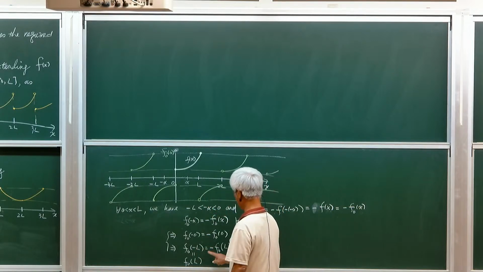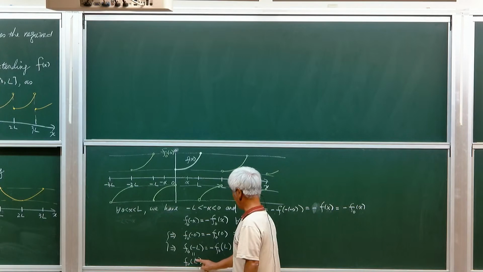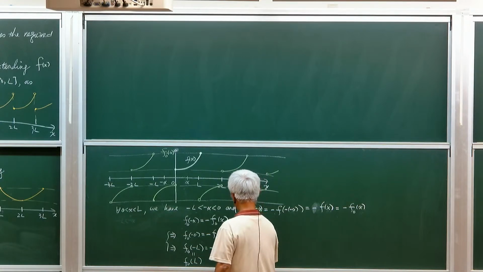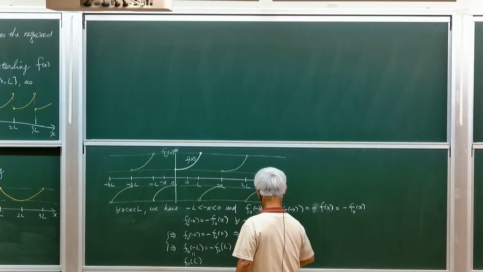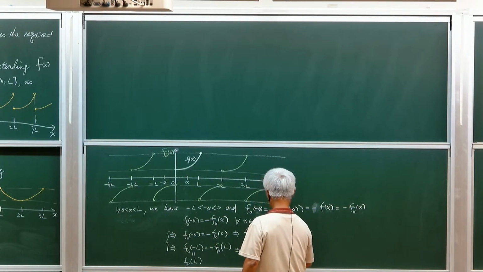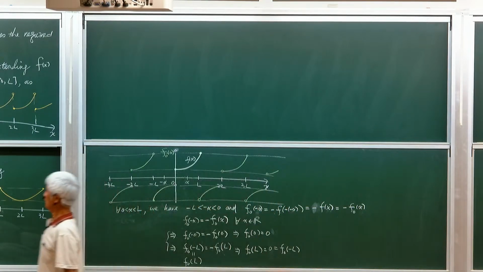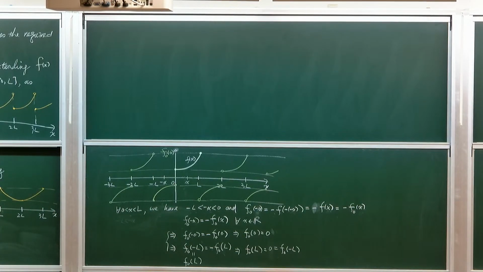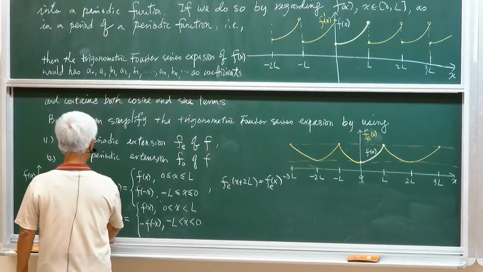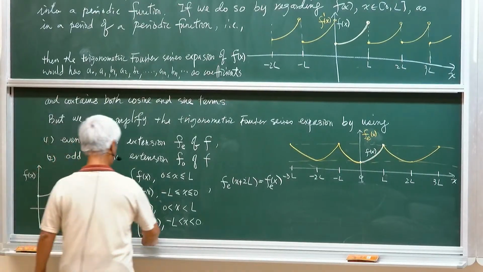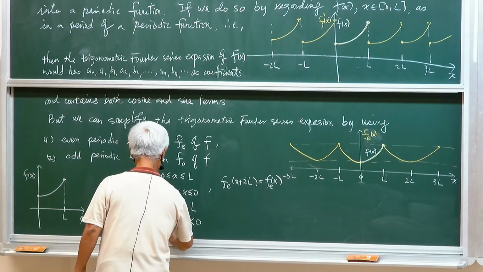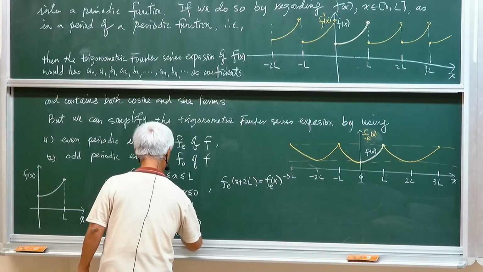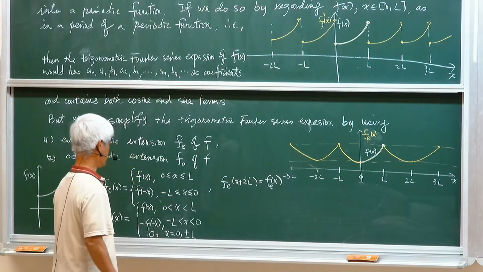So you can see f odd of L is equal to minus f odd of L. So this also implies f odd of L is equal to 0, and f odd of minus L as well. So you can see that for the odd periodic extension, you should assign 0 here for x equal to 0 and plus minus L.